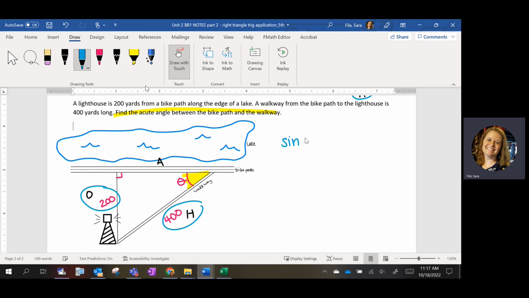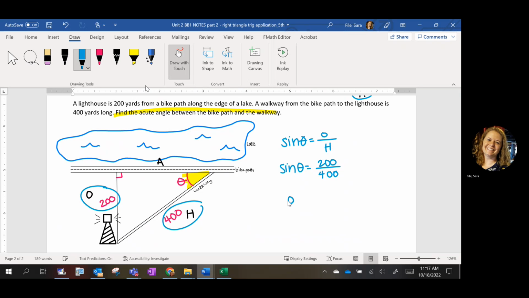So I have to use the sides that are given. So that's sine of theta equals 200 over 400. Now my missing piece is not the numerator, it's the angle. What do I do to solve for the angle? Do inverse trig. So inverse sine of 200 over 400.